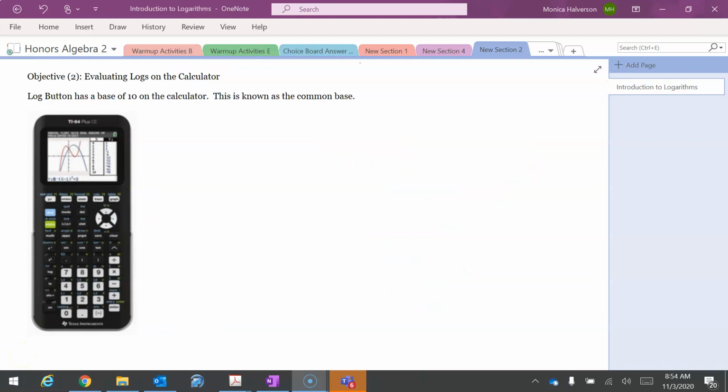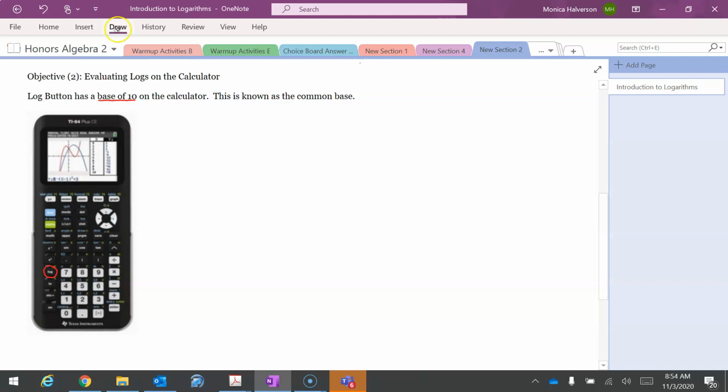So we need to get comfortable with using our calculator to evaluate logs, all right? And one of the biggest issues is that when you look at your TI-84 calculator, there is a log button located right here next to the 7, to the left of the 7.